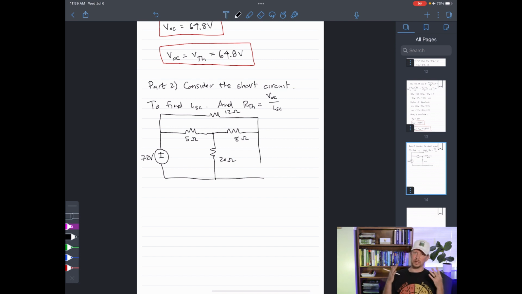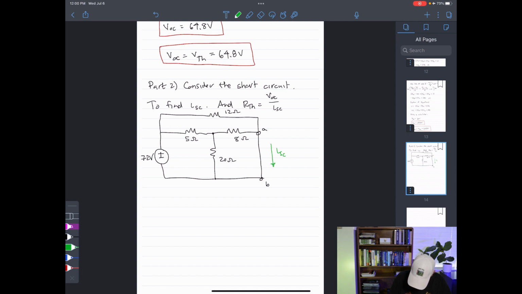Why? Because if I set up a system of mesh currents, when I solve that system, the short circuit current is going to be one of them, where I can use those very easily to get that short circuit current. So here, in my meshes, I'm going to say that this is mesh number 1. There's a current flowing in that mesh.